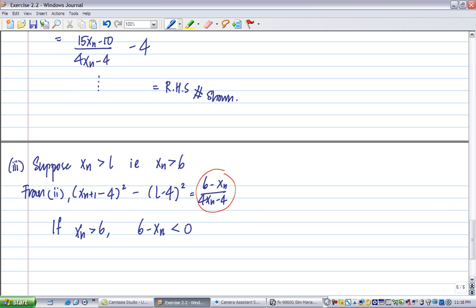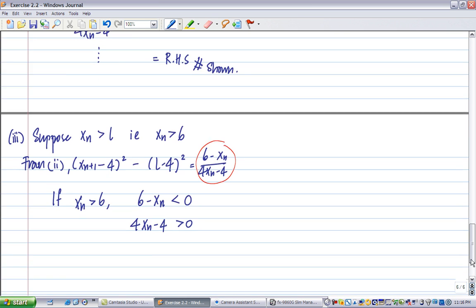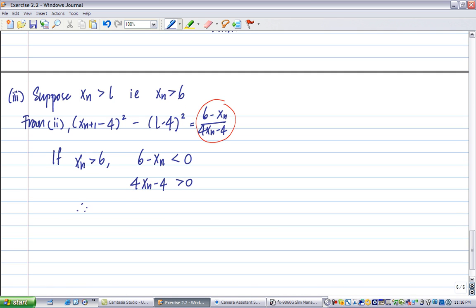Less than 0. Agree? If xn is greater than 6, then 4xn minus 4 is greater than 0. Now if we have the fraction, therefore 6 minus xn divided by 4xn minus 4 is less than 0.